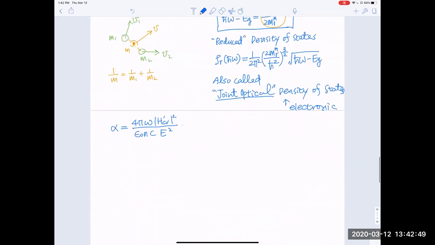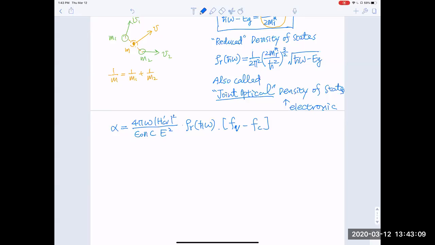We have the population factor, so here will be rho_r of h bar omega, and we have the term f_v minus f_c.